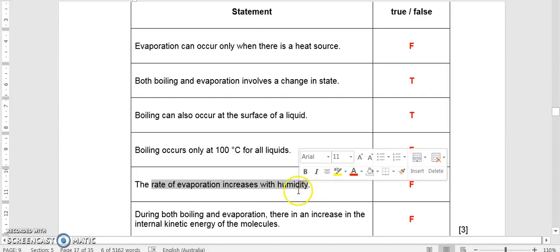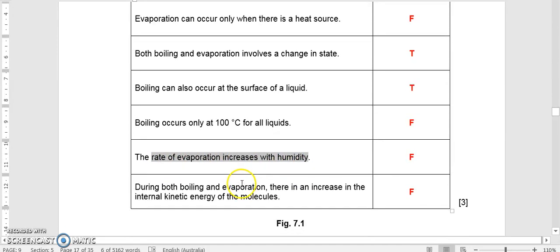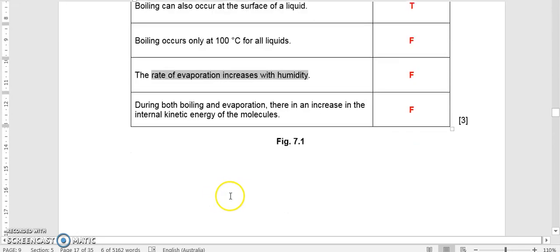No, with increased humidity, the rate of evaporation actually decreases. It is more difficult because a lot of humidity means a lot of liquid particles in the air. During both boiling and evaporation, there's an increase in internal kinetic energy? No, not necessarily. Mainly in boiling, there is no increase, only an increase in internal potential energy.